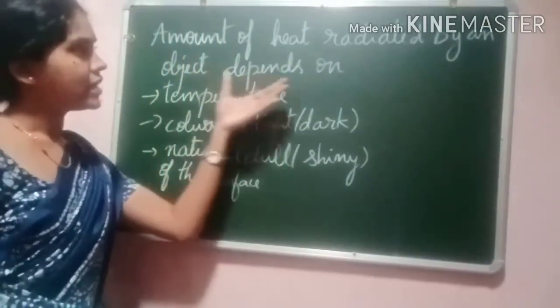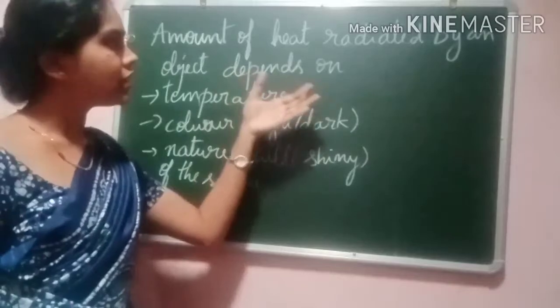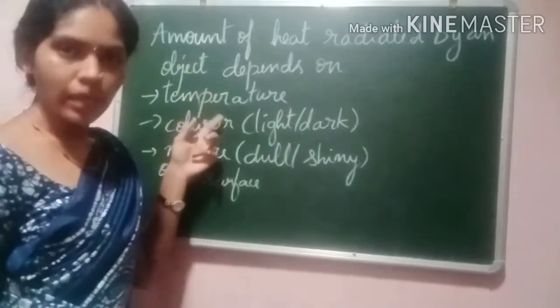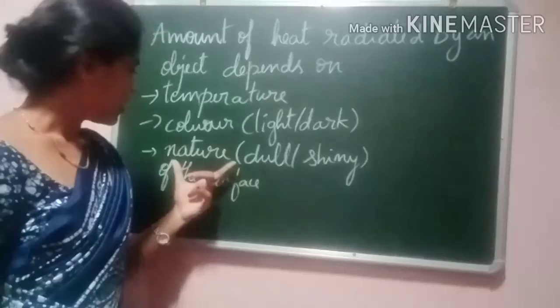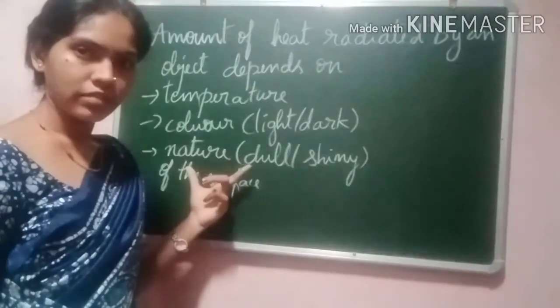The heat radiated by the object depends on the temperature of the object, the color of the object, and the nature of the object.